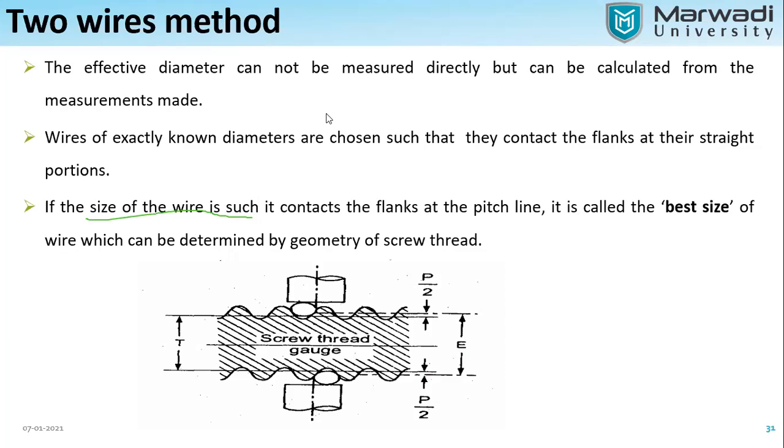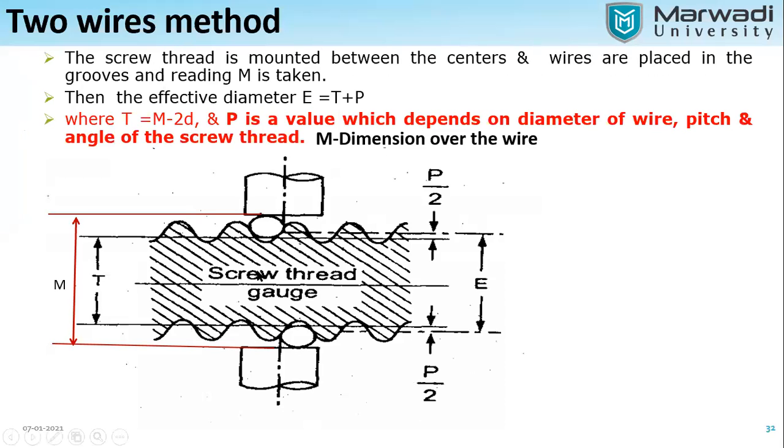The best wire size is selected, which we can determine from the geometry of the screw thread. We have a formula for it, and we just have to put in the data. Now see the clear picture, and you will get the idea.